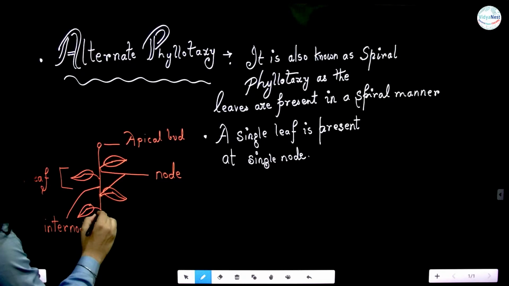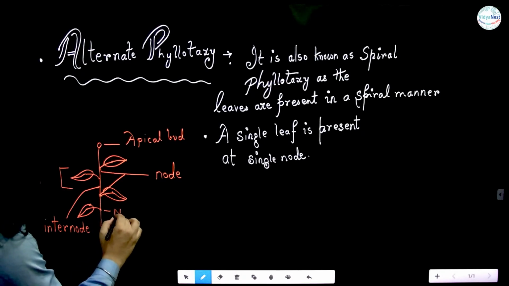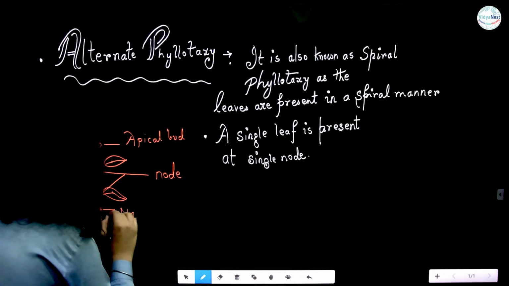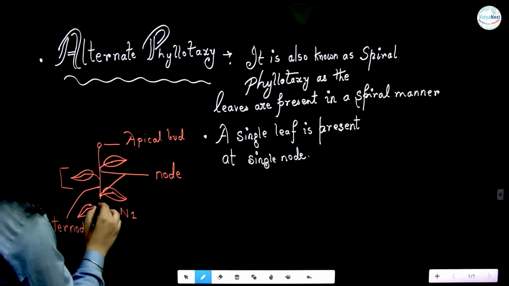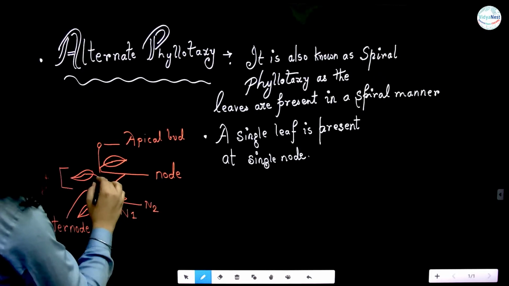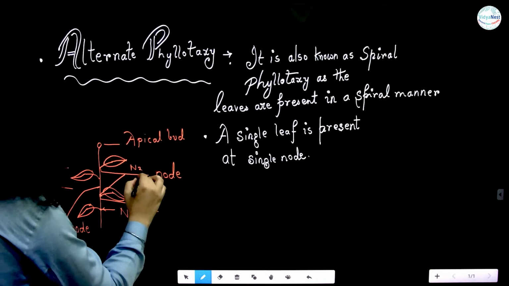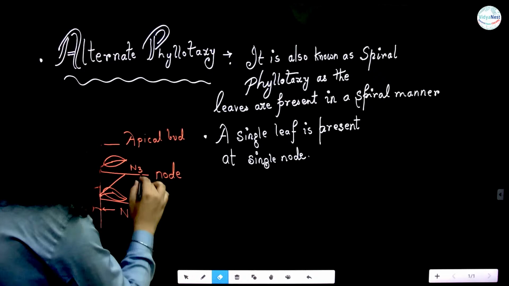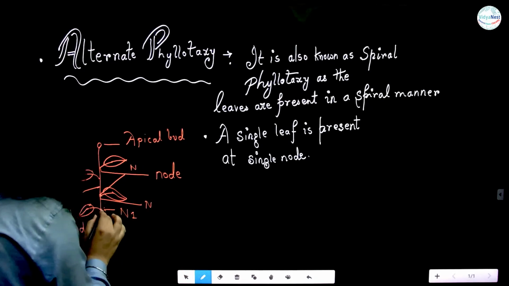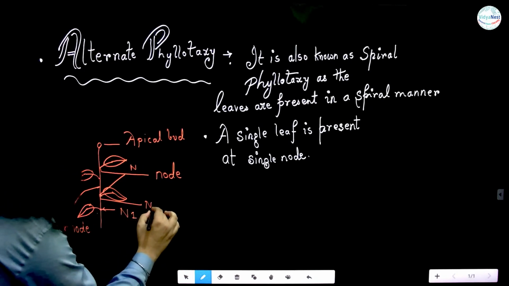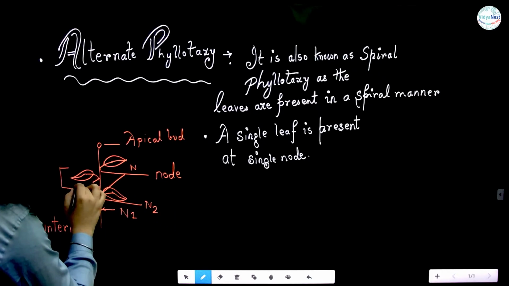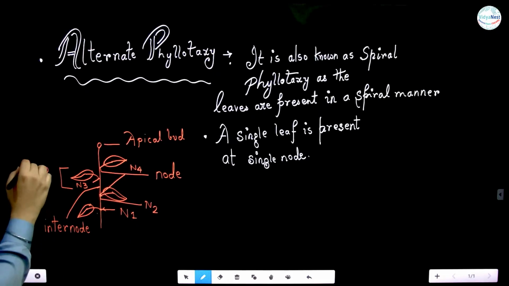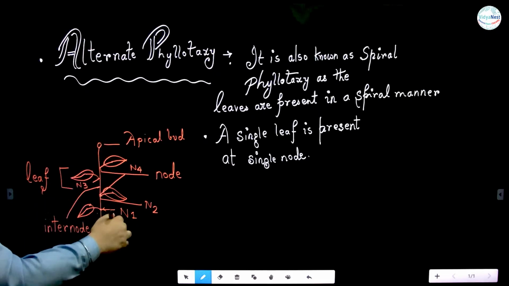Can you see the arrangement of the leaves? Suppose this is node 1, I'm writing N representing the node. This is N1, node 1. This is node 2. This one is node 3, and say this is node 4. Why am I numbering the nodes?